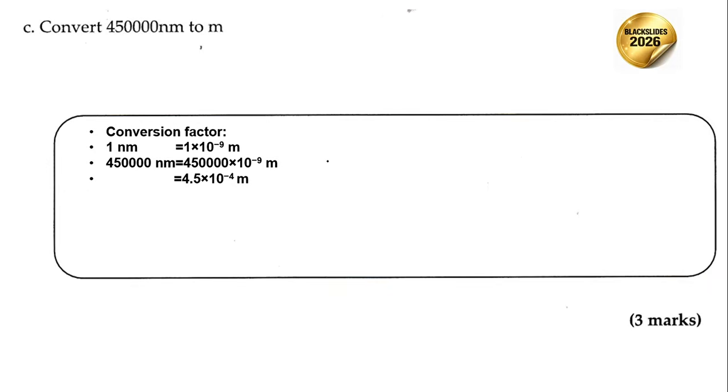So we are saying that 450,000 is the same as 4.5 times 10 to the power 5.